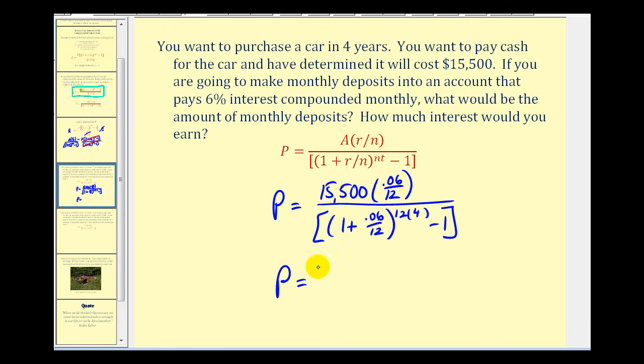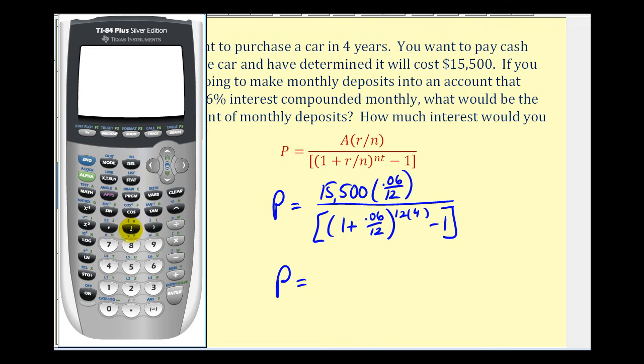Let's go ahead and evaluate this on our calculator. So our numerator is going to be 15,500 times 0.06 divided by 12. So there's our numerator, divided by our denominator, 1 plus 0.06 divided by 12.